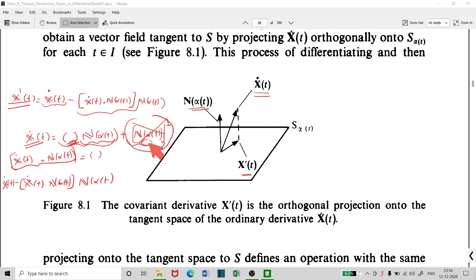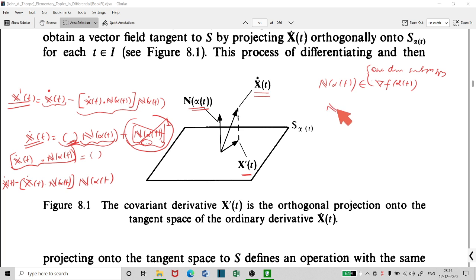This one is always tangential at alpha of t because n of alpha of t perpendicular gives the tangential vector field. We consider n of alpha of t, that is along the del f of alpha of t, a one-dimensional subspace spanned by this.